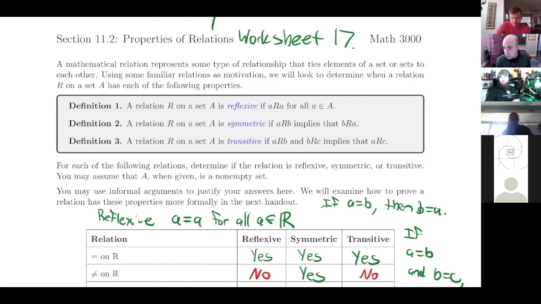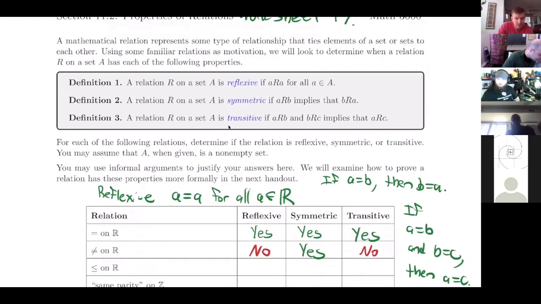Okay, so let's take a look at the next one. And let me relaunch this. And so now we're thinking about the less than or equal to relation on R. And think about which of these properties seem that they would hold for the less than or equal to relation.